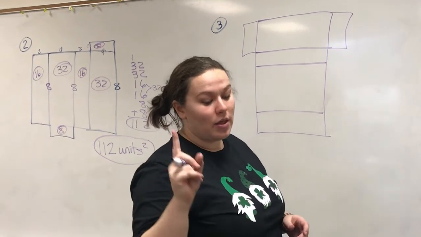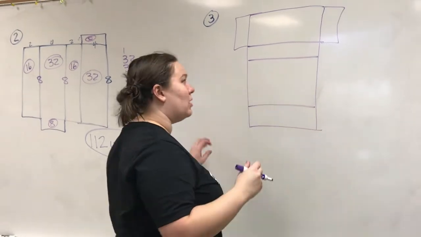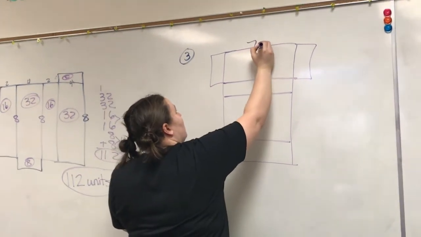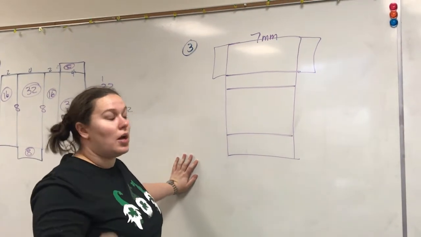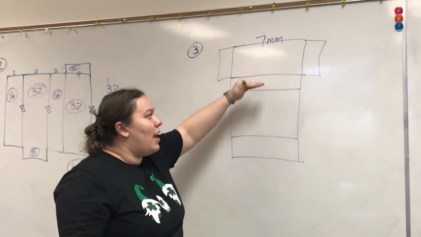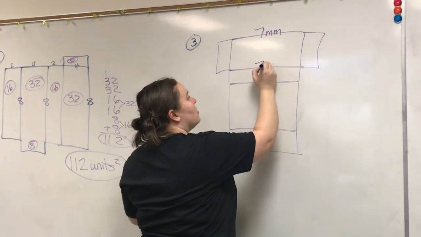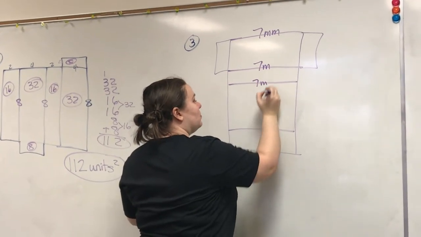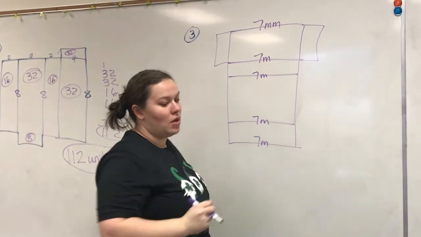You just start with the biggest number. So the biggest number on number 3 is 7 millimeters. So you're starting with your largest number, and I want you to list every line going straight down that large number. Cool.